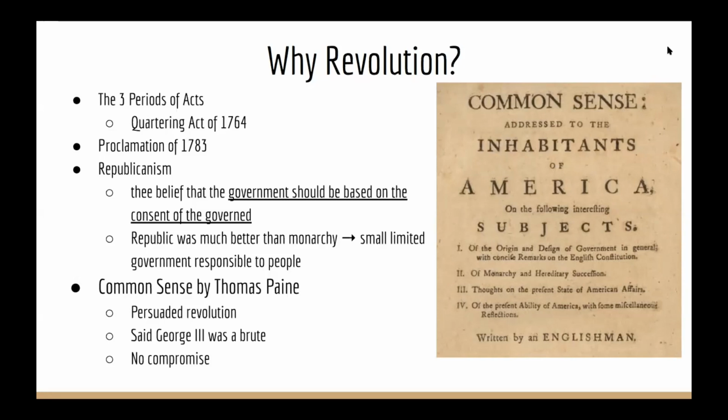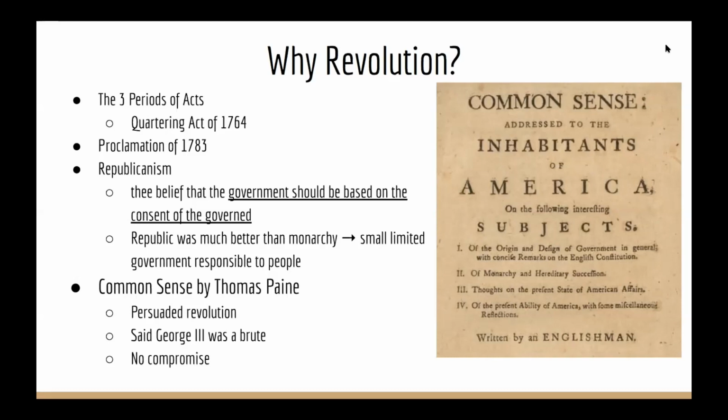Another reason for revolution was the Proclamation of 1783, which was basically Britain limiting the amount of land that many colonists had. Although the 13 colonies were established around the East Coast, many wanted to expand further out west.